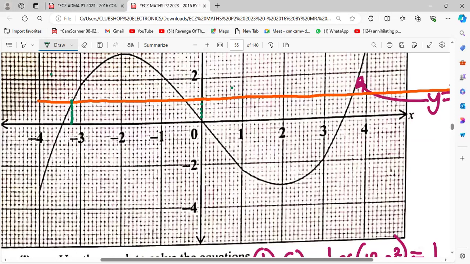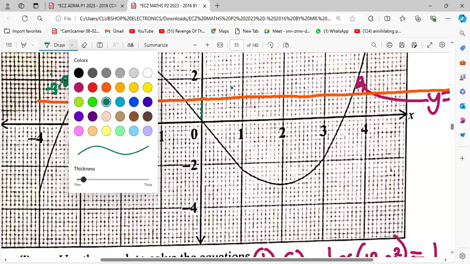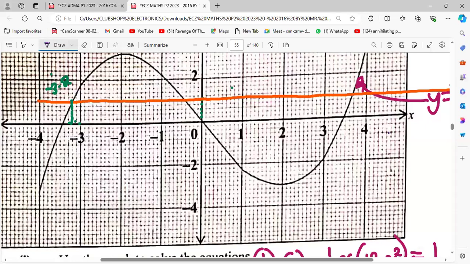So if this is 3, 3.1, 3.2, then x is negative 3.2 here. Is that okay? Is that fine? Can you hear me? Yes, sir.